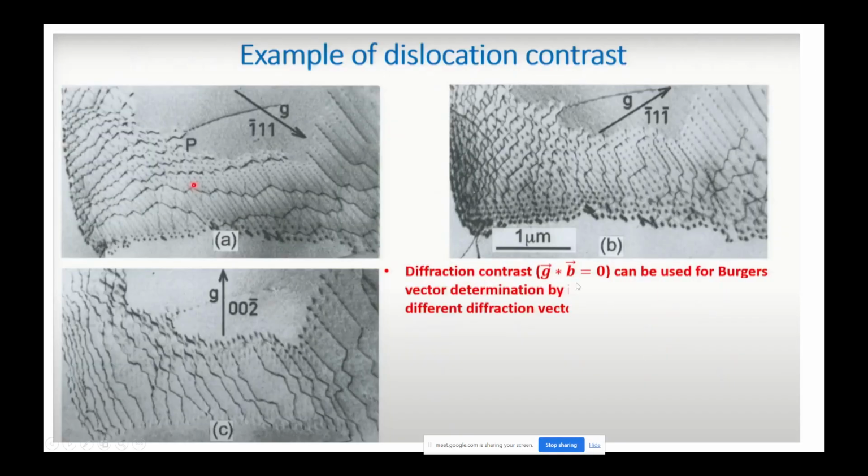If this is changing, then through this direction you can determine where your zone axis could possibly be. Suppose your dislocation is in this direction, so here it is like this. Here it is 1 bar 1 1. Here it is different.